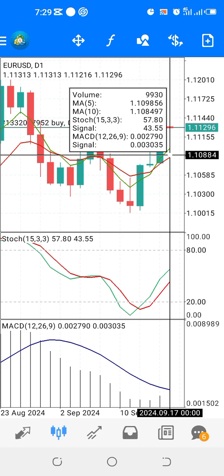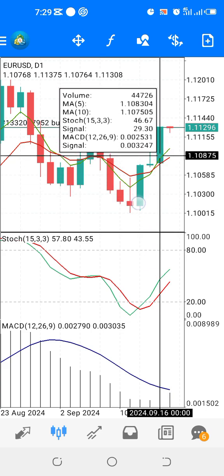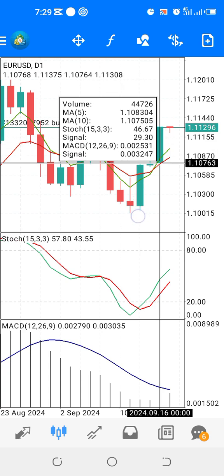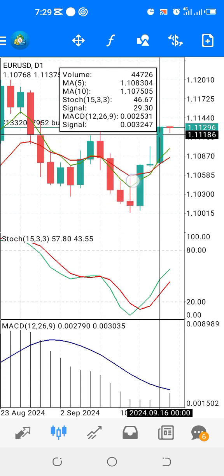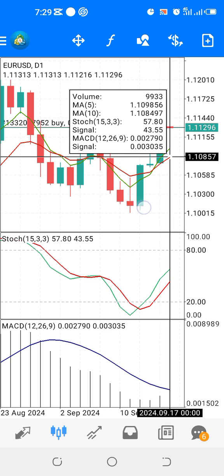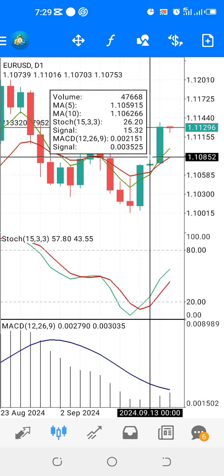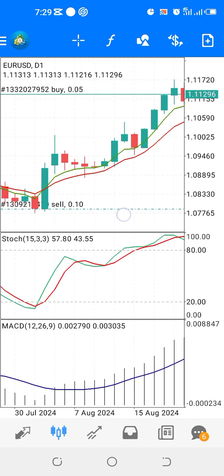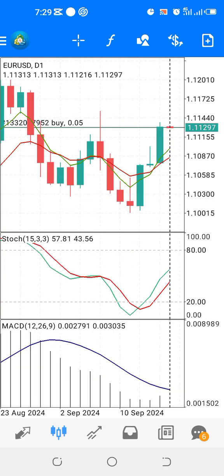And by exit, you have to trail your stop. The moment the first candle puts you in profit, ensure that you put your stop loss at least 1 pip above your entry point to safeguard your what? Your profit. So if the market continues to move in your direction, continue to trail your stop.